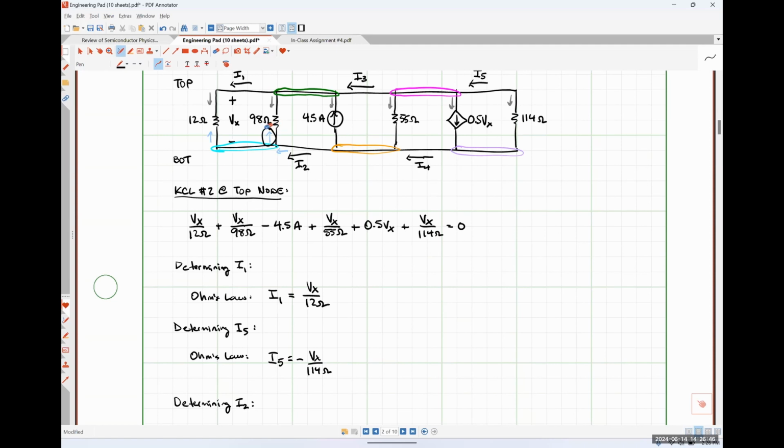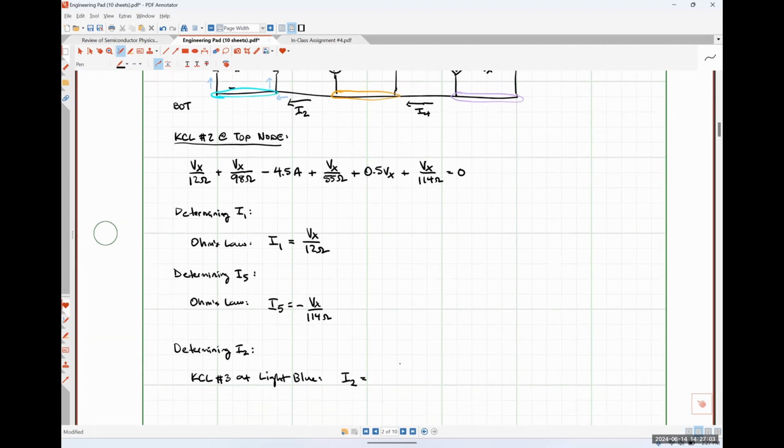All right. Well, I believe that we can just use Ohm's law because we're just expressing a current in terms of voltage and resistance. So the voltage drop across the 98 ohm resistor is Vx. And so we're going to have Vx over 98 ohms.